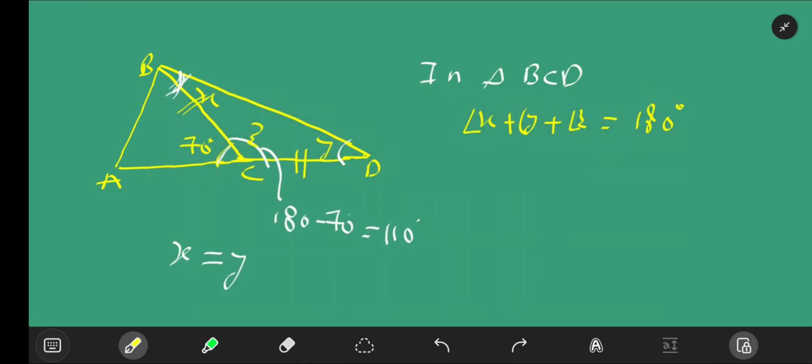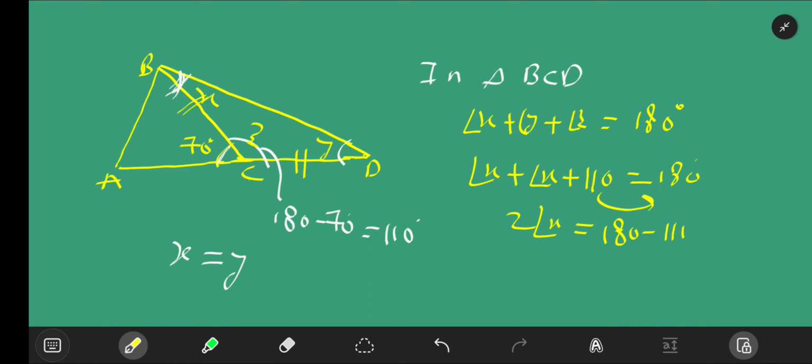So angle x plus angle x plus this angle z, which is 110, is equal to 180 degrees. Now 2 angle x plus 110 is equal to 180. Sending this 110 to the other side, 2 angle x is equal to 180 minus 110, which is 70 degrees.